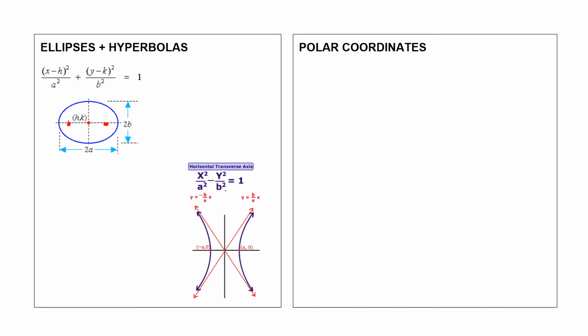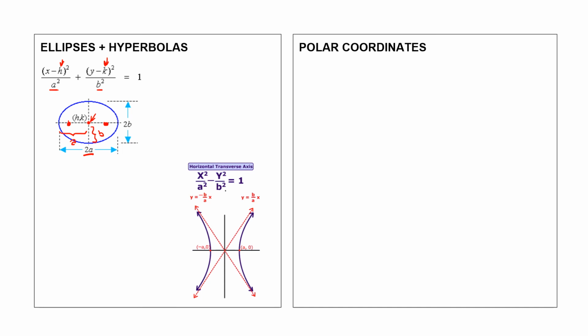All right, so h and k here are our center point, and a and b represent our semi-major and semi-minor axes, respectively. Our major axis is our longest axis, which is represented by 2a. So a is just this length here, and same thing on the other side, b is this length here.